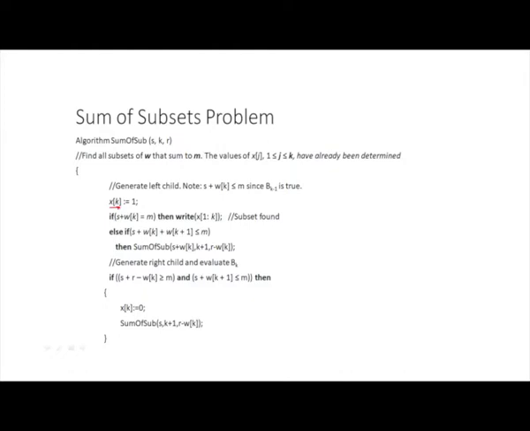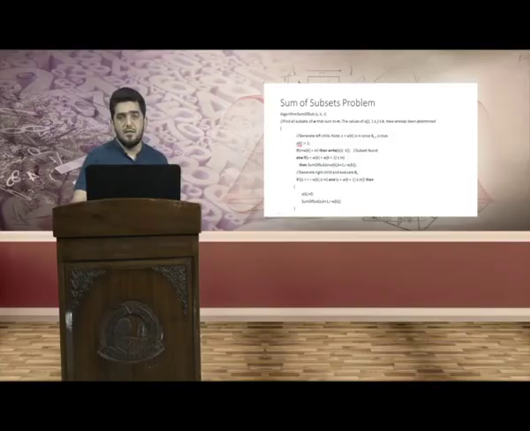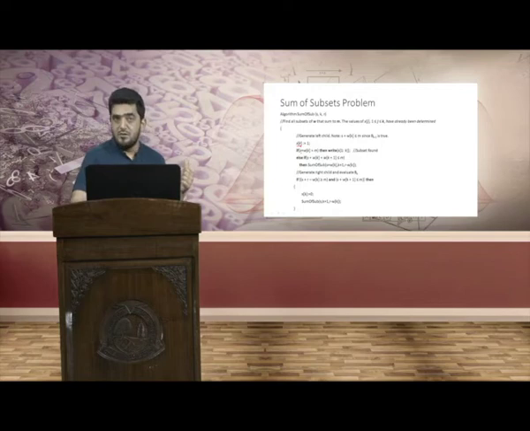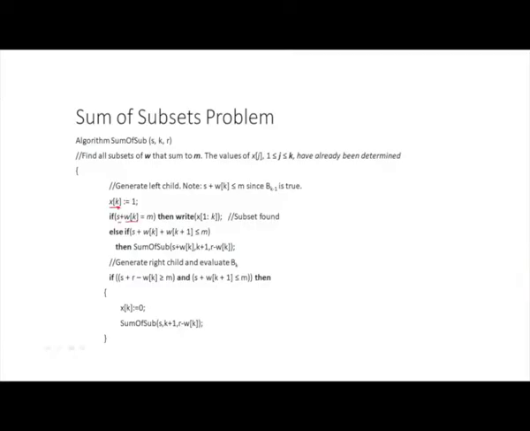Okay. Now, if the sum is equal to m, it means we have found the solution or the solution vector. We can simply display that particular solution vector. So if the sum so far S, as I said, would be the sum of the weights so far, plus the current weight, that is passed as a parameter to this particular function s, as I earlier told you, plus the current weight that we are considering is equal to m, okay, then we simply write the solution, then we write the subset.